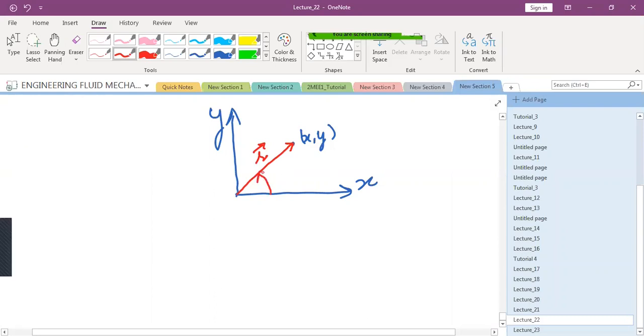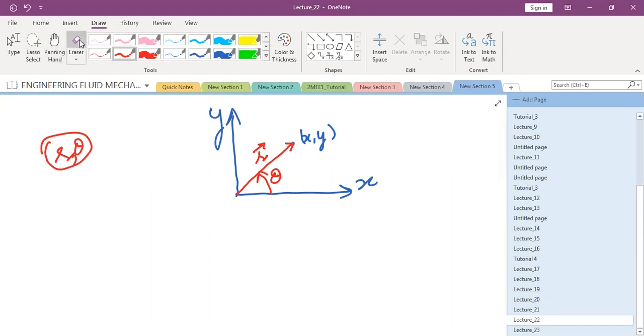R comma theta. So this xy is the 2D Cartesian coordinate system. How can I represent the polar coordinate system?